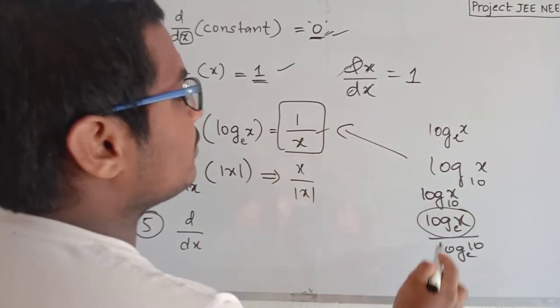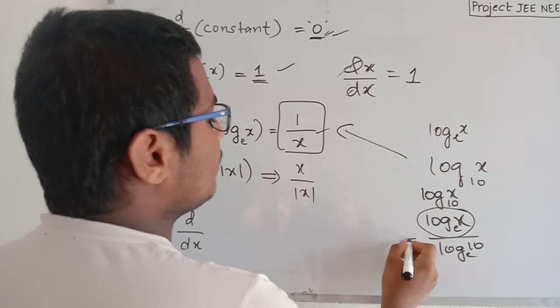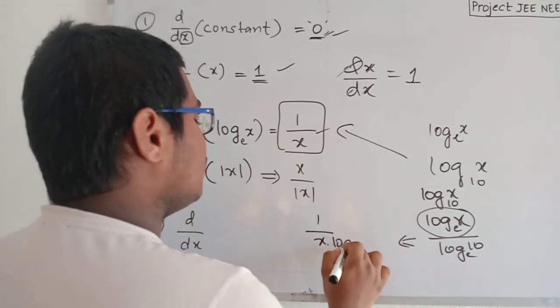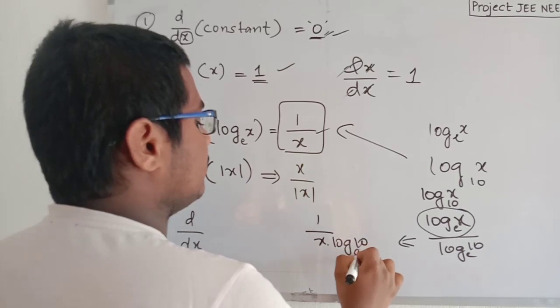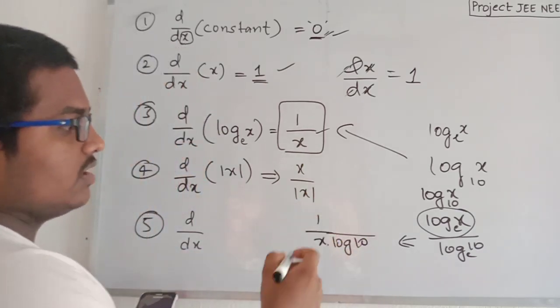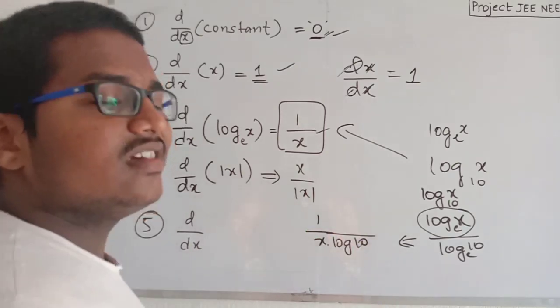So we will write 1 by x type of this, and we will get the final formula 1 by x log 10 base e. 1 by x log 10. So this will be the formula.